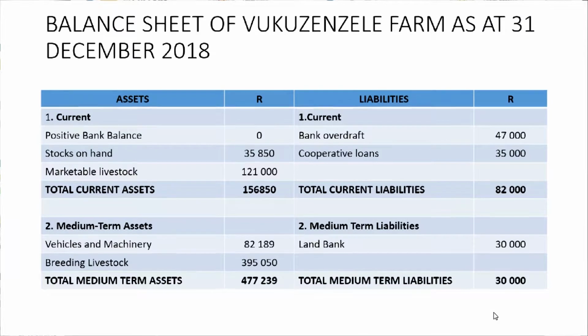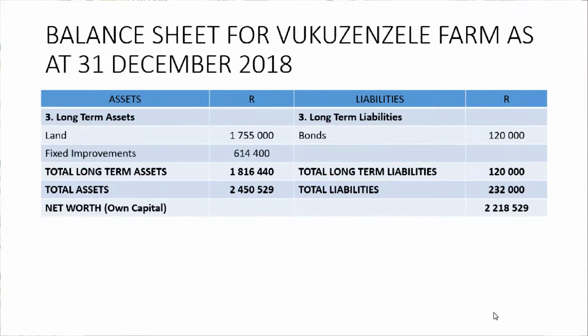The breeding livestock, which is used for livestock to multiply, was 395,050. The total medium-term assets was 477,239.